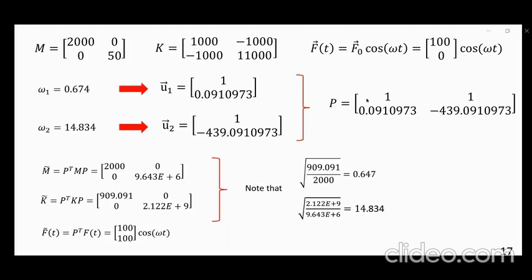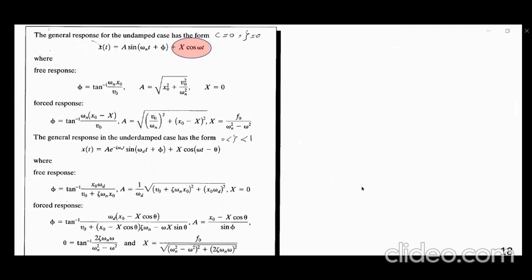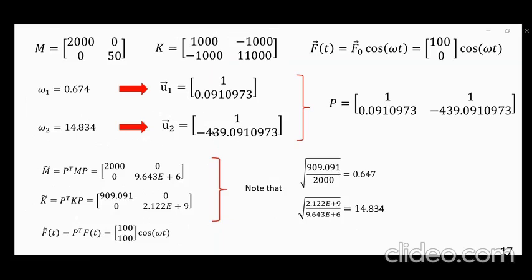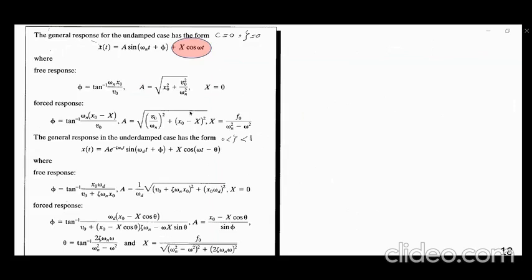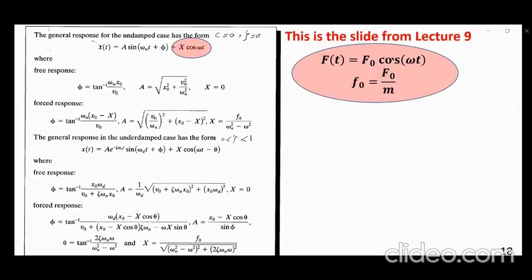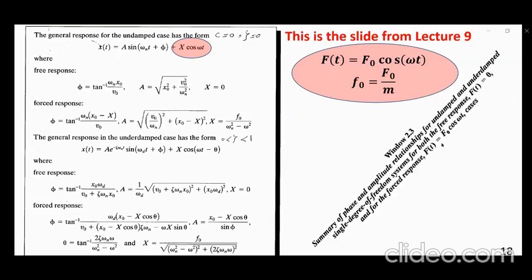If you take this matrix, transpose it, and multiply it by that F, you get exactly what you see over there. This is a template from week three of the course, from lecture 9. It tells you what the solution to the equation is when the right-hand side is not 0, where the right-hand side is the forcing term given to you here. Now, we're going to use these. You have to know this stuff.